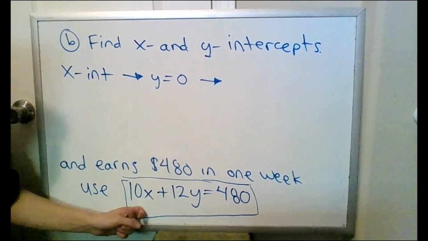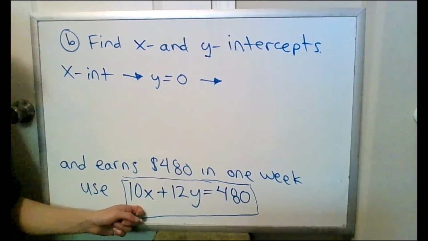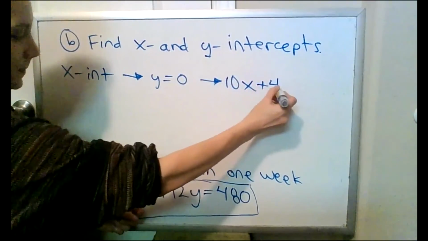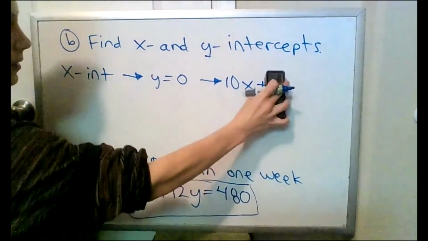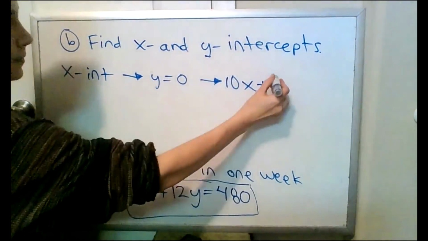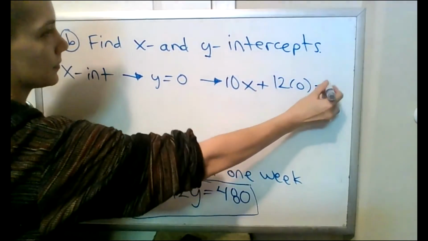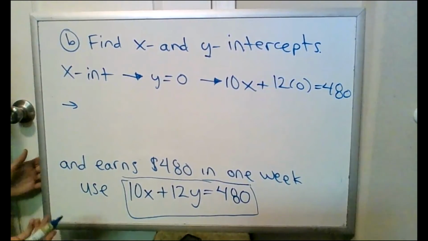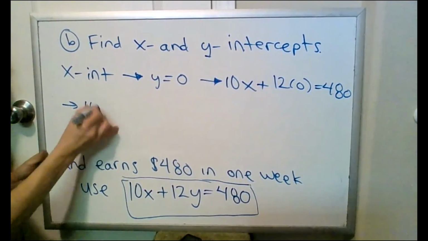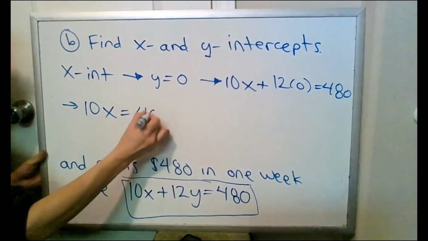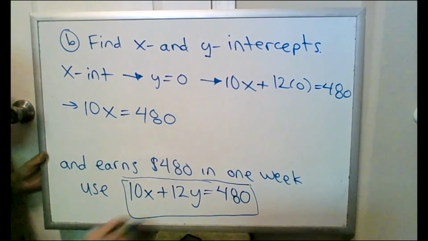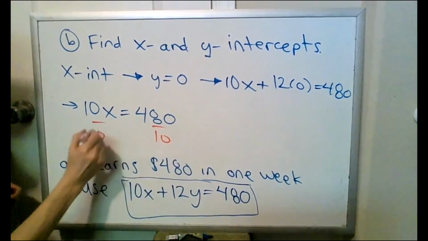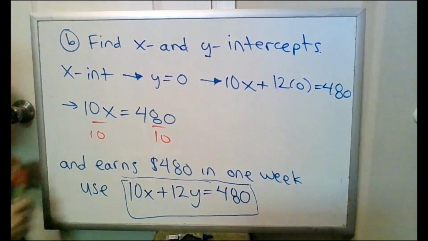So we're here with 10x plus 12 times 0 equal to 480. 12 times 0 is 0, so what's left is 10x equal to 480. I'm going to divide both sides by 10, and then x is equal to 48.